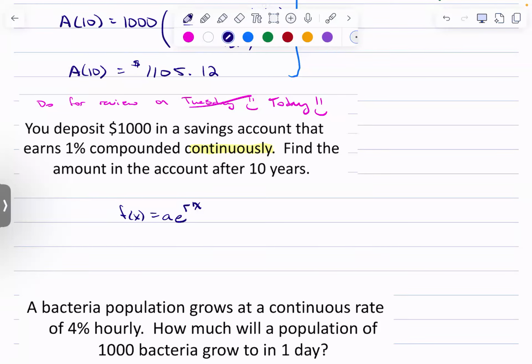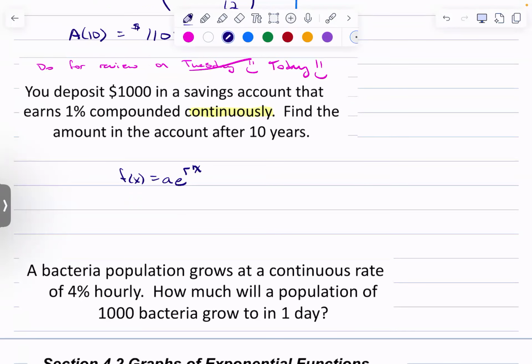For continuously compounded questions, we could rewrite this as A of t, replacing the generic F with A, which is the accumulated amount after some amount of time T. So all the x's are replaced with t's, and we get A times e to the power of r times t. T is in years, so that's good.